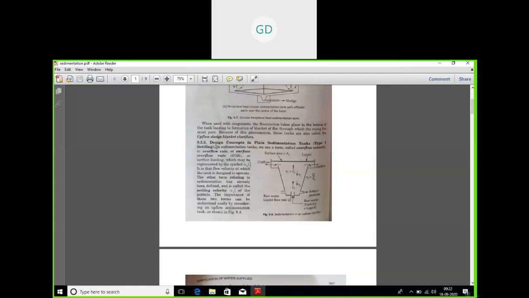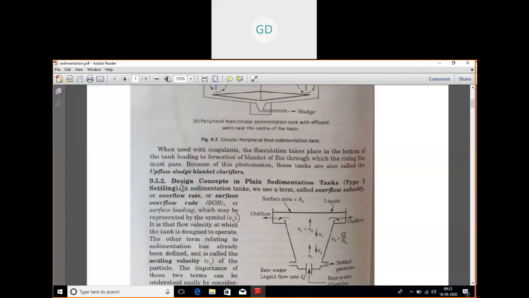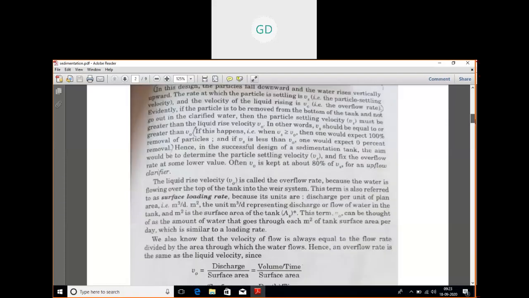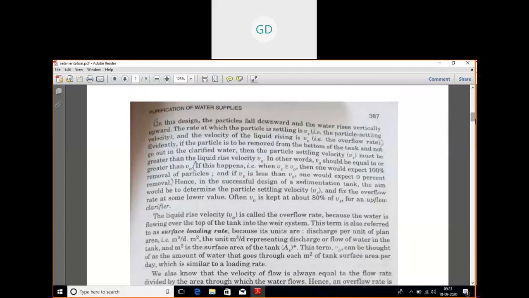So as far as I remember, we were doing these design concepts in plain sedimentation tank, right? In the last class, we were talking about the overflow velocity and the settling velocity, and the condition so that 100% removal of particles can be expected.